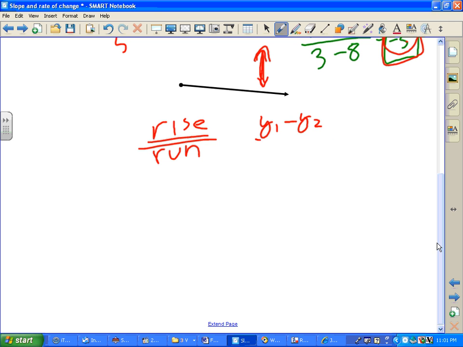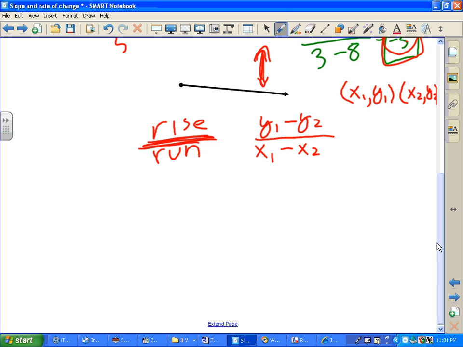And where do y1 and y2 come from? Same thing as with the distance and midpoint formulas. If I have 2 points, this is x1, y1, this is x2, y2. So we subtract our y's for the rise, and then for the run, obviously we're going to subtract our x's.